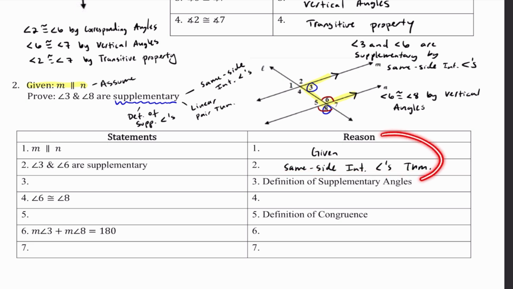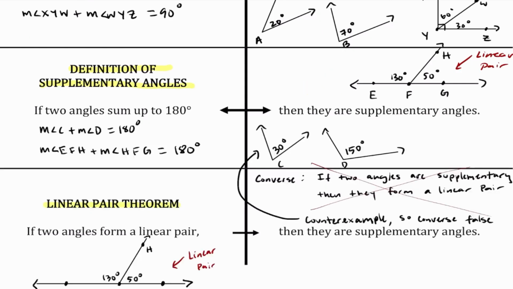when I jump right into reason number 3, definition of supplementary angles, I need to provide a statement here. So what I'm going to do is I'm going to go back to the pink sheets, specifically finding the definition of supplementary angles, and it reads, if two angles sum up to 180 degrees, then they are supplementary angles.